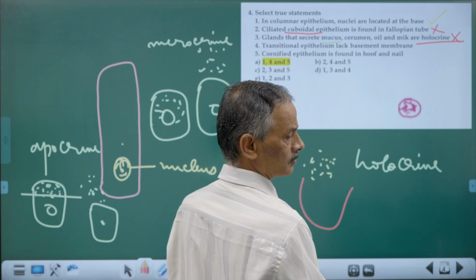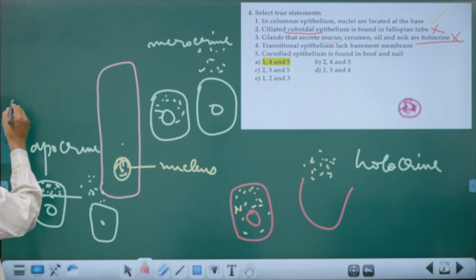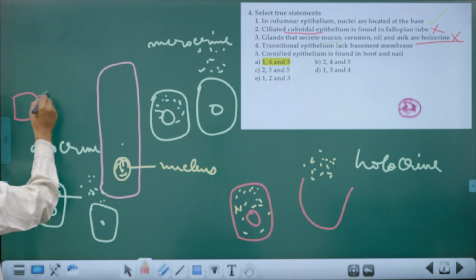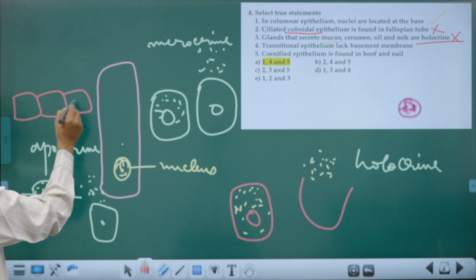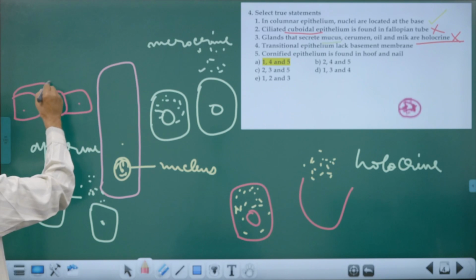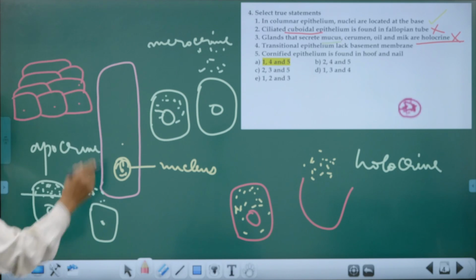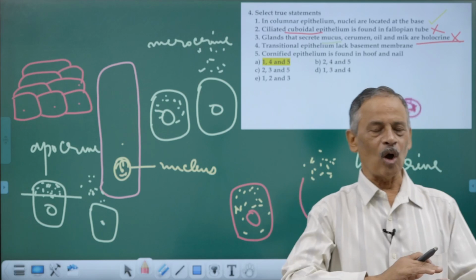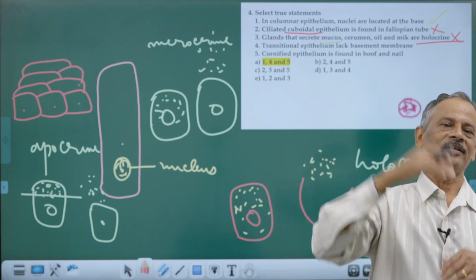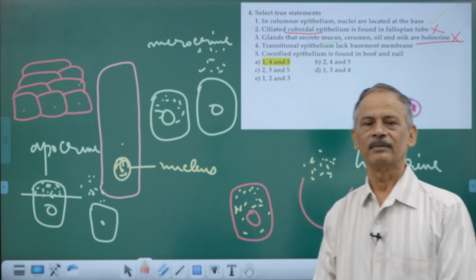Transitional epithelium. What is transitional epithelium? An epithelium which is gradually changing into another form. This type of epithelium has 2 to 3 layers of cells or even 4 layers of cells. The basal cell layers are cuboidal, but as they move out, they become more flat, and finally they become thin flat cells. So we have one type of cell at the lower end and another type at the outer end. The cell is gradually changing, transitional, in between.